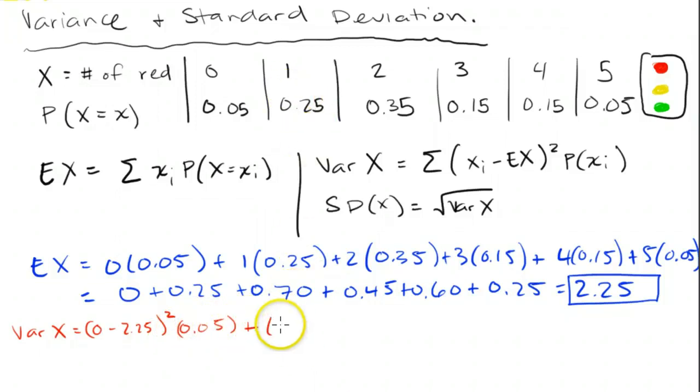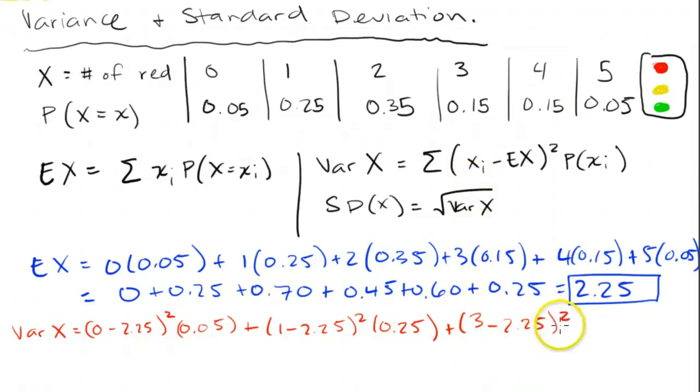So we're going to take the 1 minus the mean, which is 2.25, squared. Right? We take each one squared times its probability of 0.25. Plus the next one, which is going to be 3, so we got plus the value of our xi is 3 this time, minus 2.25 squared times the probability of that, which is 0.15.